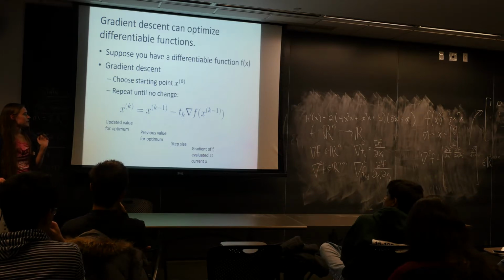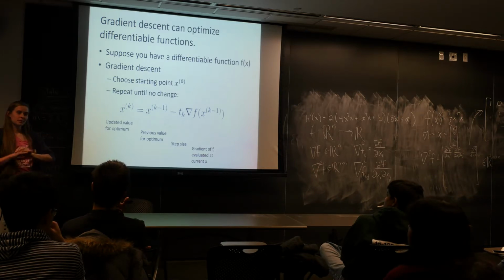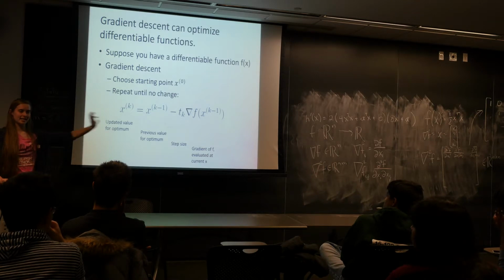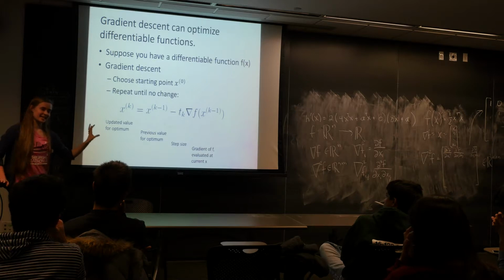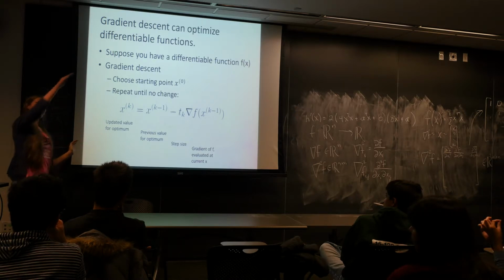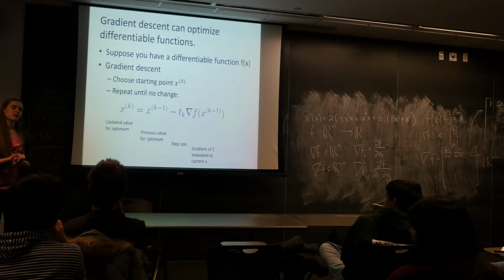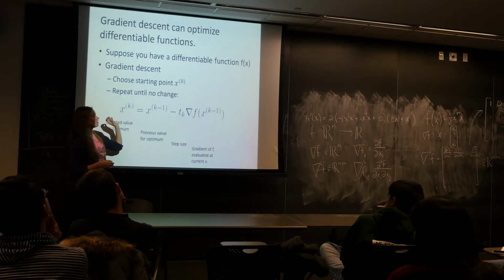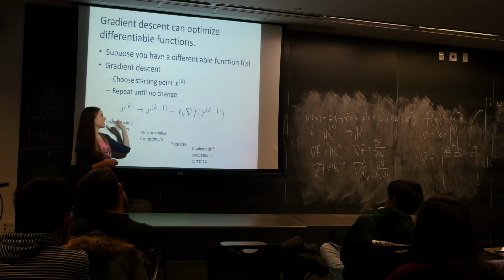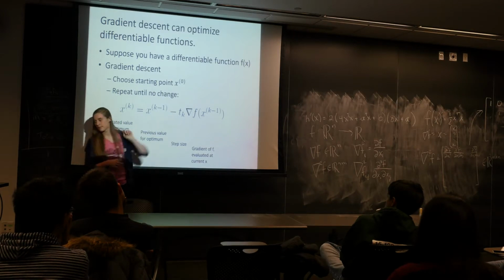Sometimes, if you keep with that notation of wanting to maximize, this is presented as gradient ascent, where you're climbing up to the maximum. To climb up, instead of going in the direction of the negative gradient, you go in the direction of the positive gradient, so this just becomes a plus sign.